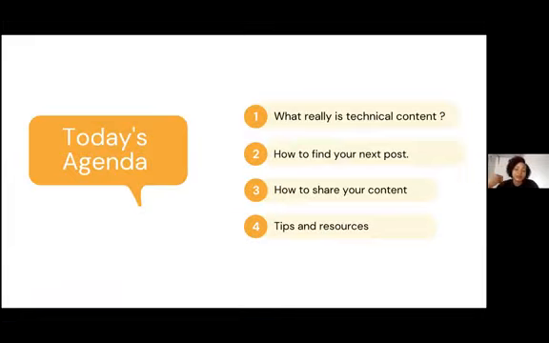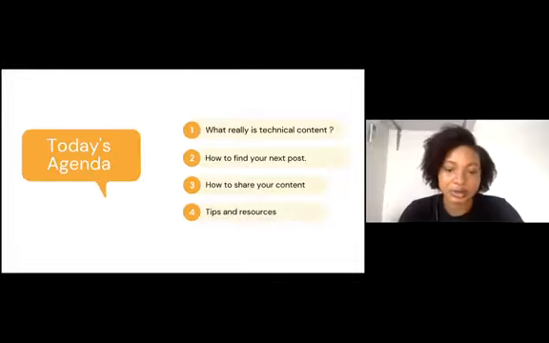First, what really is technical content? This is the best part of the talk because I want to redefine what you see technical content as, because that's like the first step to unlocking this. Next, we'll also talk about how to find your next post, how to share your content, and also just tips and resources that I use to write.